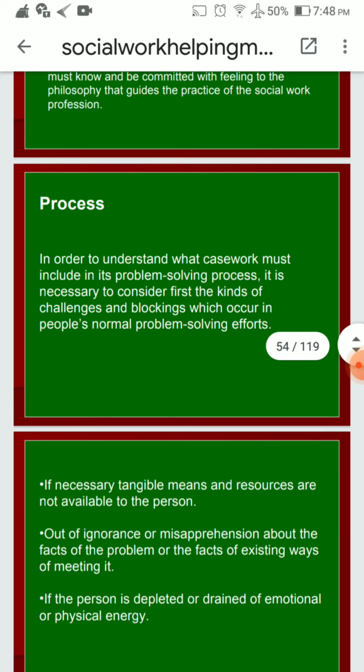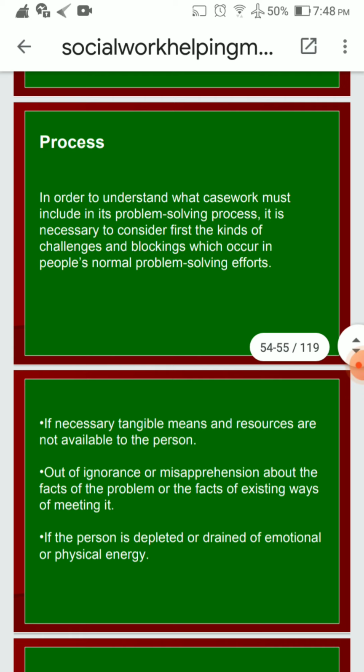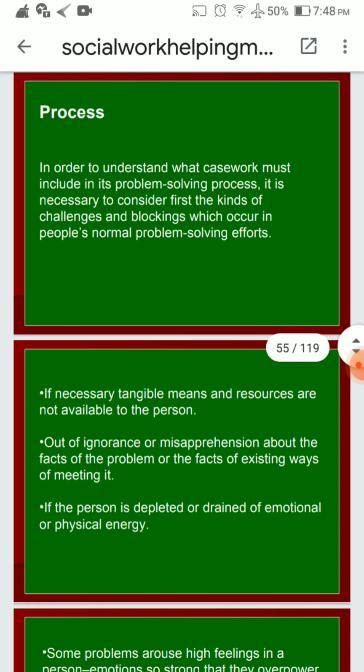Another, the process. In order to understand what casework must include in its problem solving processes, it is necessary to first understand the kind of challenges and blockings which occur in people's normal problem solving efforts.